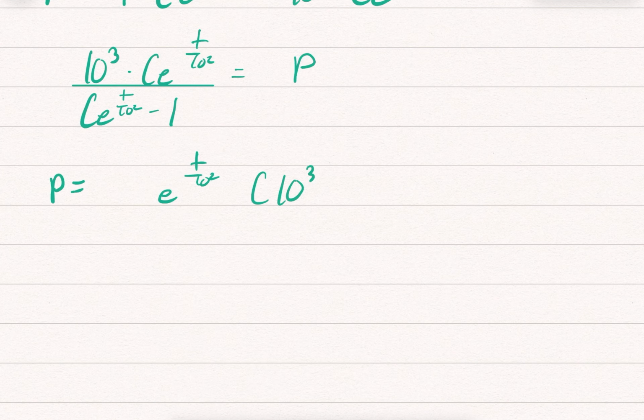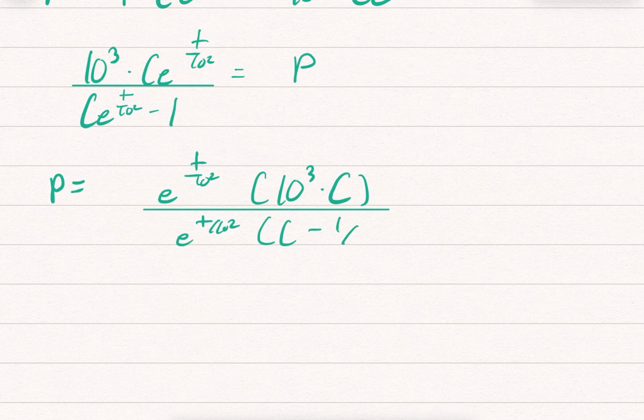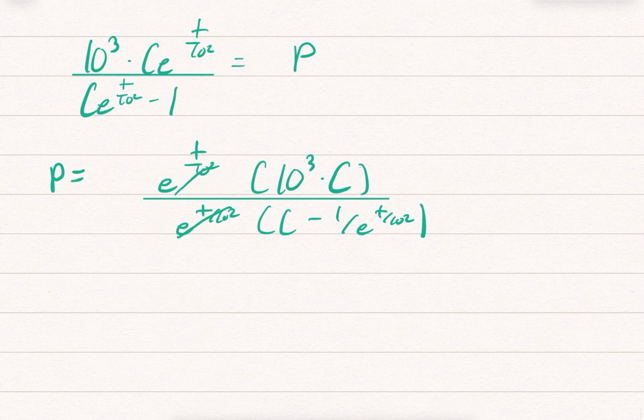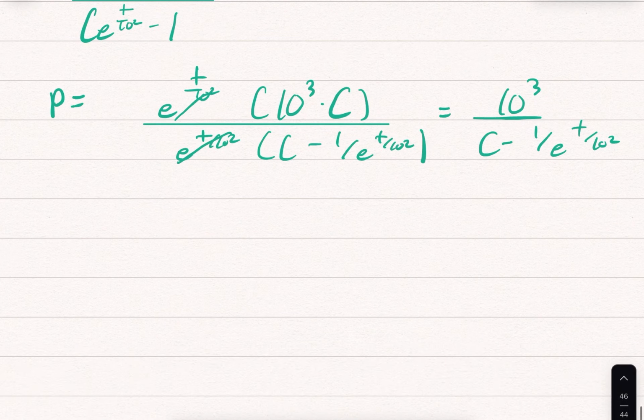So we have 10 cubed times c over e to the t over 10 squared. Sorry, I said cube, my bad. C minus 1 over e to the t over 10 squared. Okay? Cancel these bad boys. We have 10 cubed over c minus 1 over e to the t over 10 squared. Okay? Times c.